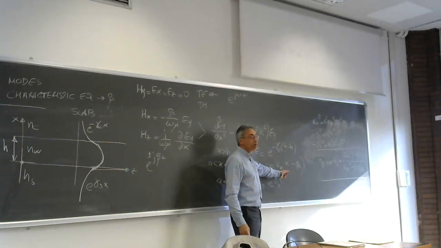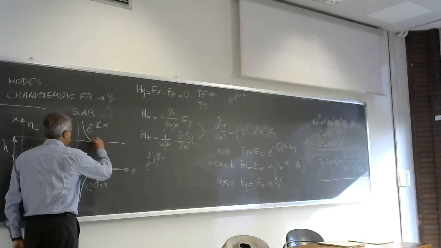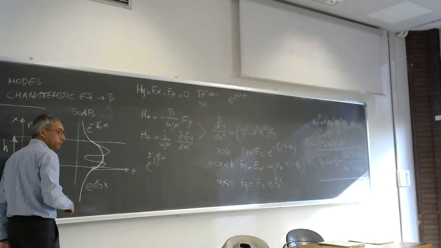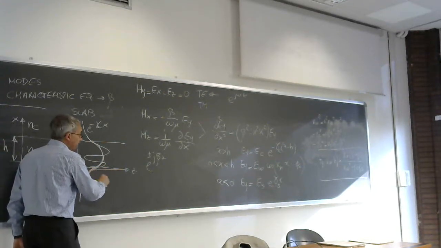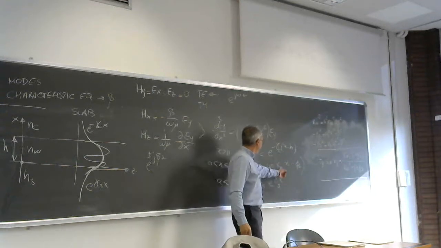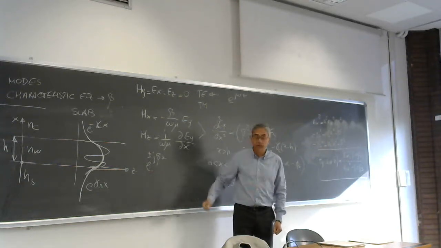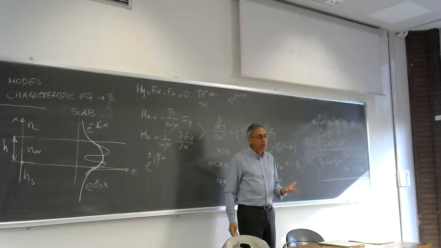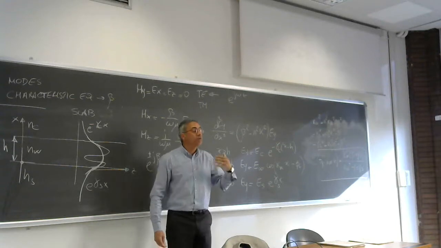But you can also imagine solutions with a higher value. So you can imagine a solution, for example, like this, continuous here. If you imagine a larger value of the coefficient, the argument of the cosine oscillates faster, so you can have a shape like this. So these are the modes. With this approach, we are able to describe the shape of the mode.